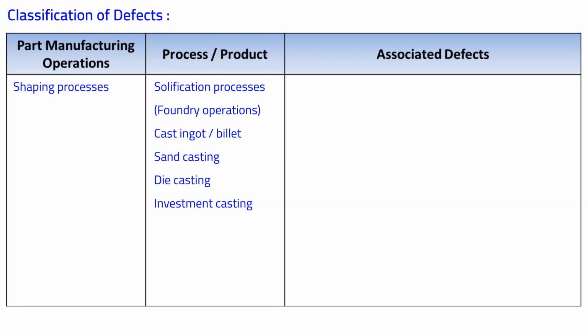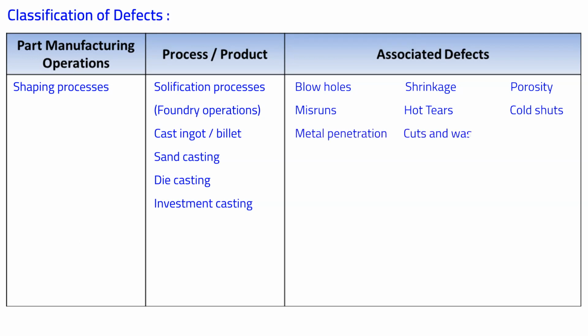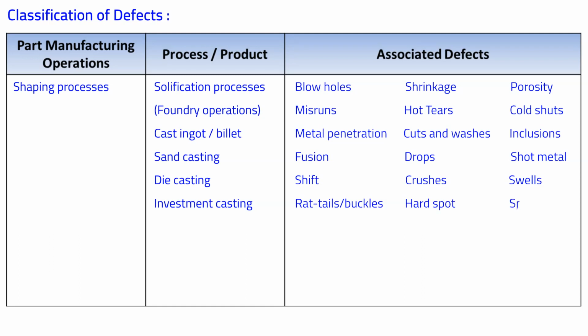Defects associated with these processes are blowholes, shrinkage, porosity, misruns, hot tears, cold shuts, metal penetration, cuts and washes, inclusions, fusion, drops, short metal, shift, crushes, swells, rattles or buckles, hard spot, spongings, warpage, run out, fins and flash.